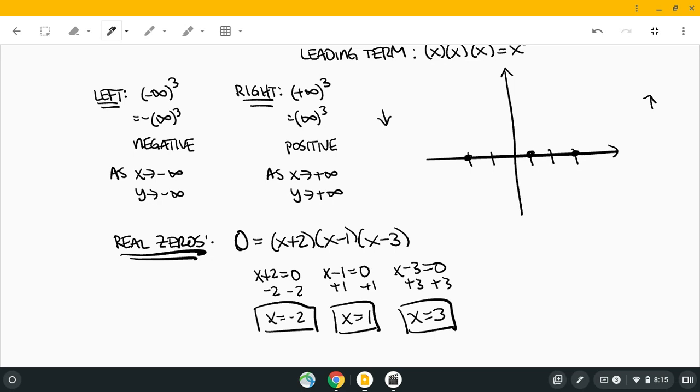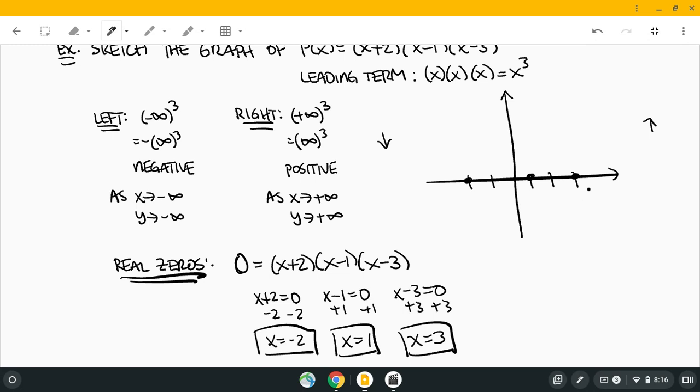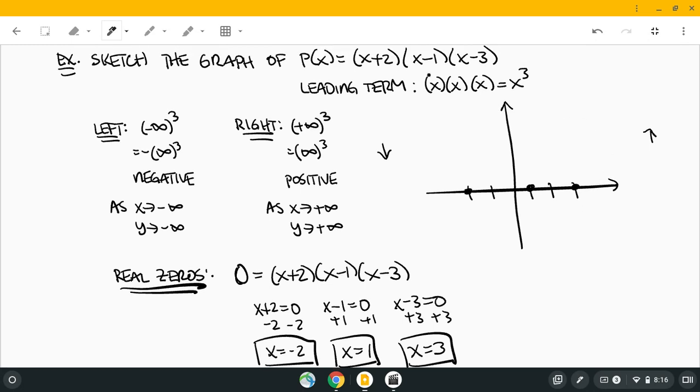Okay? All right, so we need just a few extra points so that we kind of know how it behaves in between these points. Let's see. Let's get the y-intercept. Let's choose x equals 0. So when x is 0, let's plug 0 in for x.